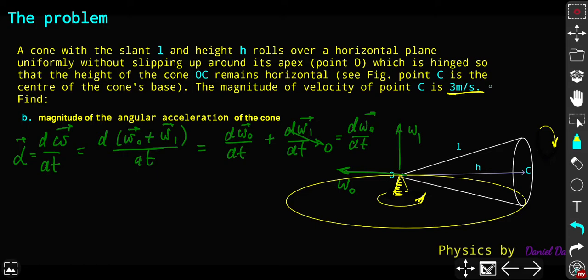But it's not correct because it's a vector, and a vector changes its direction, right? Over time it's turning. So we can use the Euler formula in that case. What we have right now is omega 0 turning over the angle d theta over time period dt.